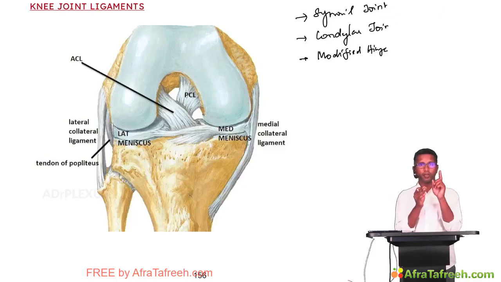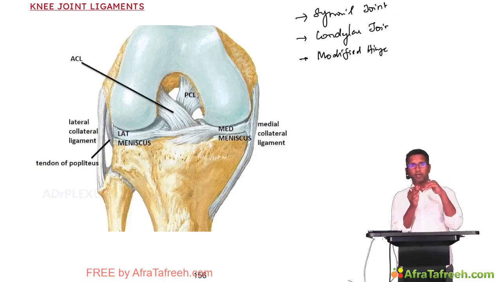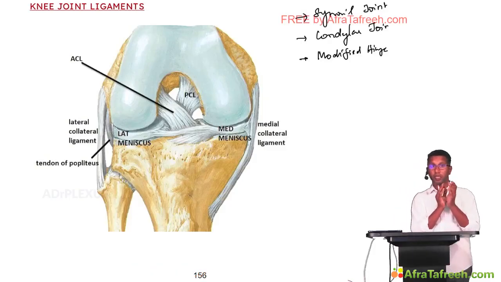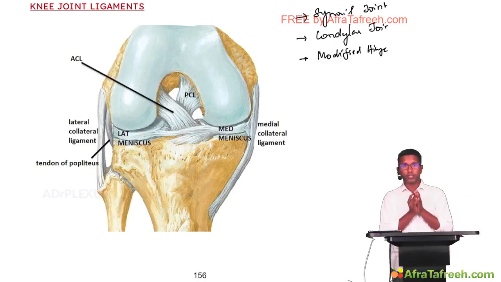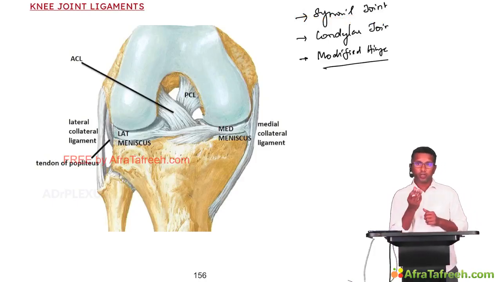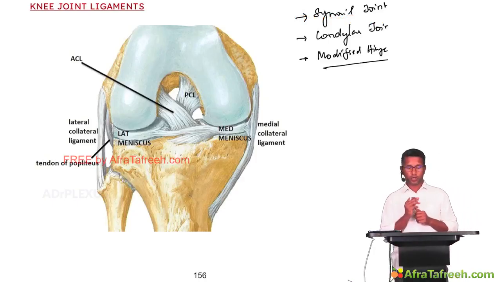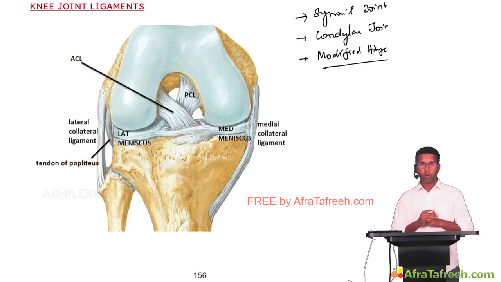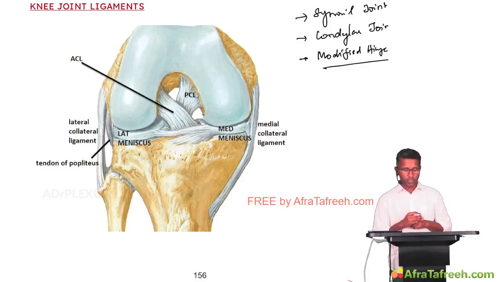But if it is a modified hinge joint, some other movements can also take place. So knee not only allows flexion and extension, it also allows a little bit of rotation. That is why knee is called a modified hinge joint.